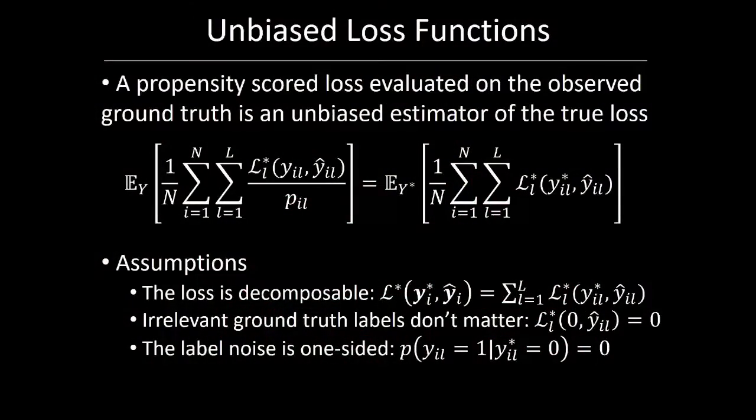Our third assumption is that the label noise should be one-sided, which is to say that while relevant labels might go missing from the observed ground truth, irrelevant labels can never appear. This is again true for applications such as Wikipedia, because the editors are not malicious and irrelevant tags will never appear. I mean, if they appear, the editors will weed them out. But this might not be true for situations when we are harvesting our labels from, let's say, our click logs or automatically in some other way. But it turns out that empirically, things still seem to work fine even in that setting.